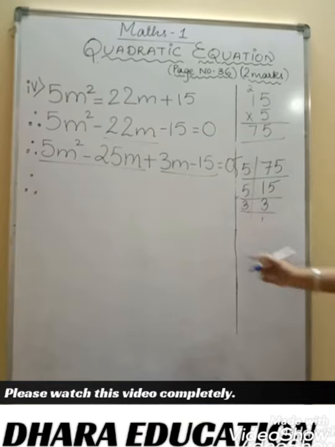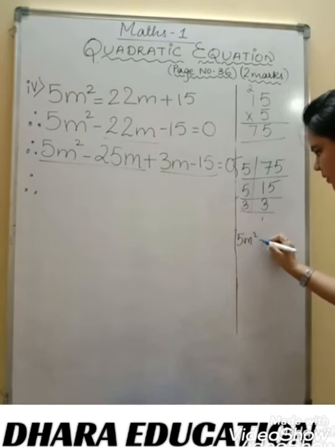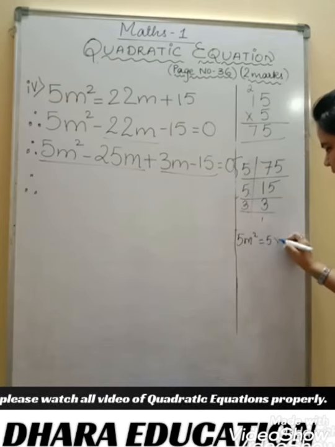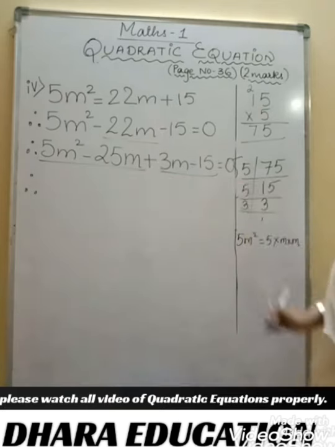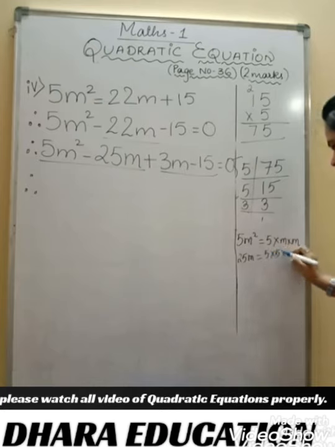So here the first term is 5m square. So I will take 5m square is equal to 5 multiplied by m multiplied by m. The second one is 25m. 25m is equal to 5 multiplied by 5 multiplied by m. Alright. So in these, which is common?